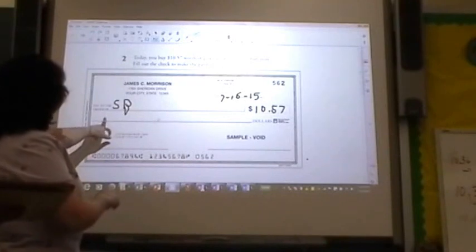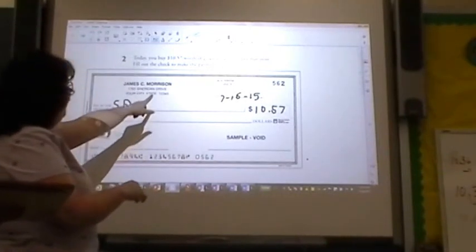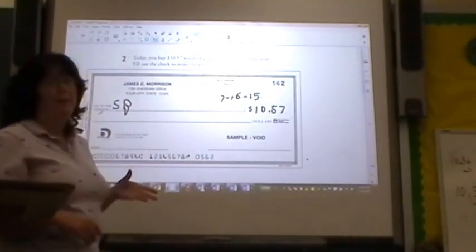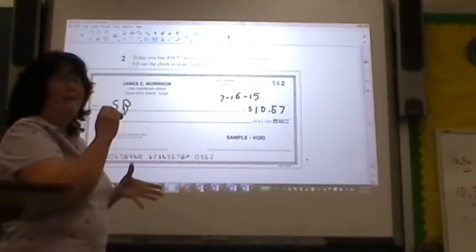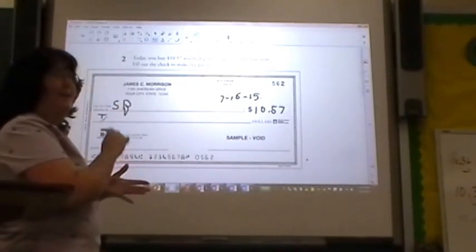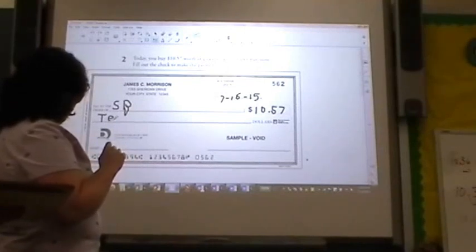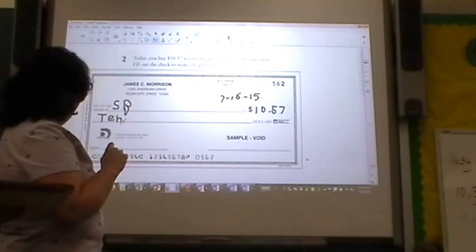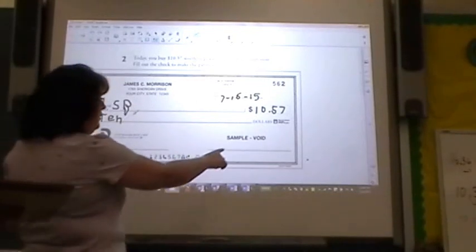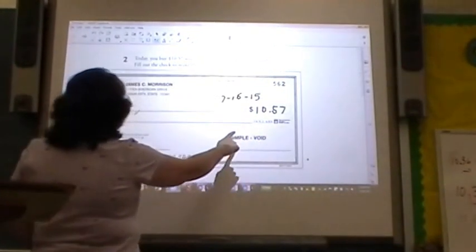So right here, we're going to come to this line, and we're going to write out 10 in $10.57. We're going to write 10 in words, T-E-N. Now, dollars is already on the check, so we don't have to write dollars.